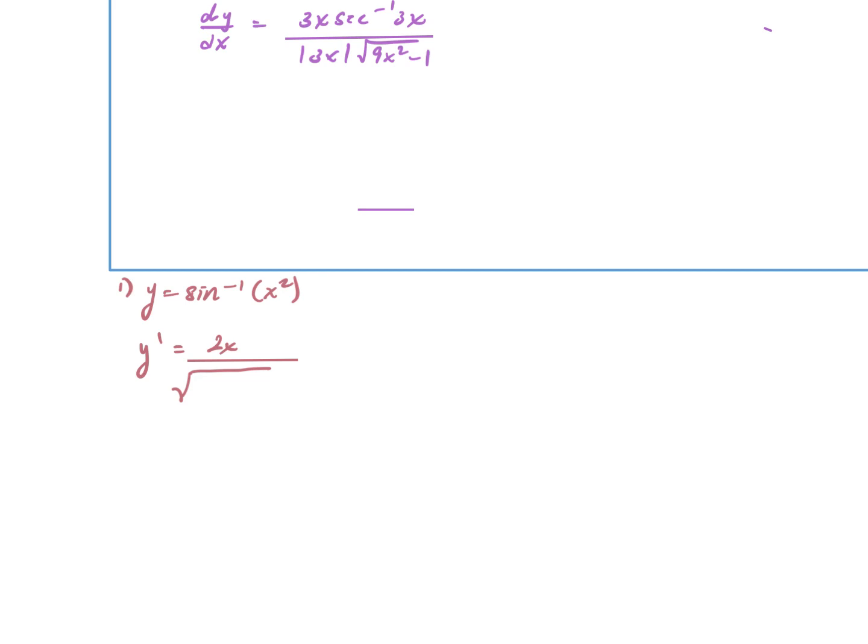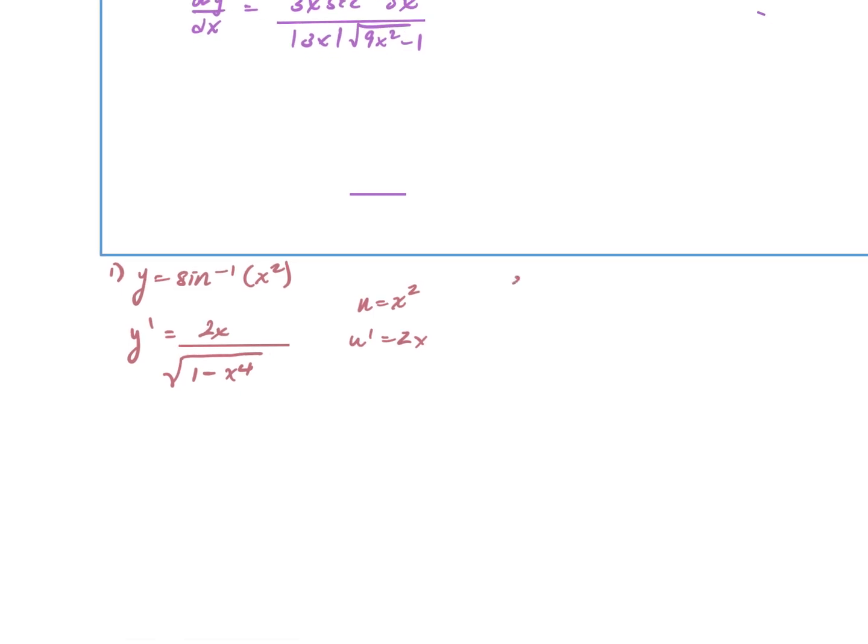So it's 1 minus u squared. If u is x squared, so we're saying u here is x squared, u prime is 2x. So it's going to be 1 minus x to the 4th power, because we're going to do u squared. That's part of the formula, okay?